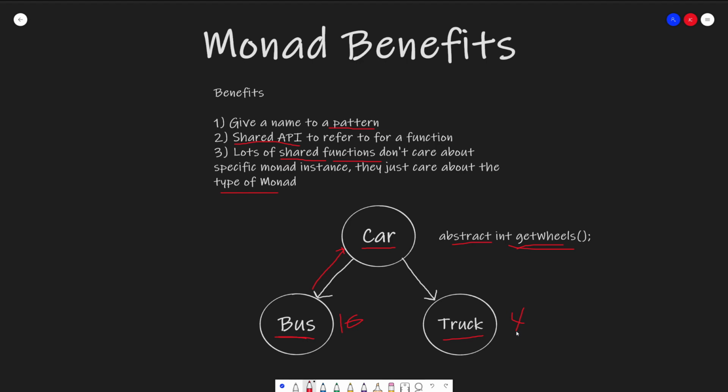Similar to the idea of a monad, we can write helper functions that take in this car abstract class, because this is the base class of our bus and truck. And so we can do some operation, maybe get the wheels, and then based off the wheels, apply some logic. And that function that takes in the car doesn't really care if it's a bus or a truck. It just cares that when it calls the getWheels function, it gets an integer back.